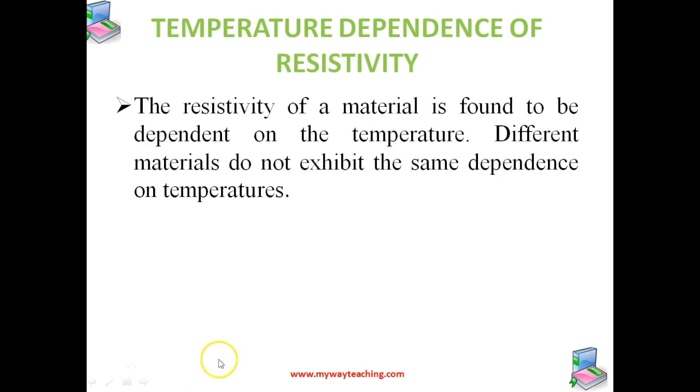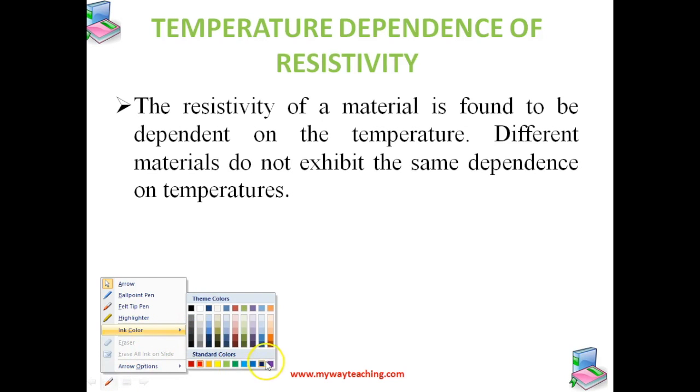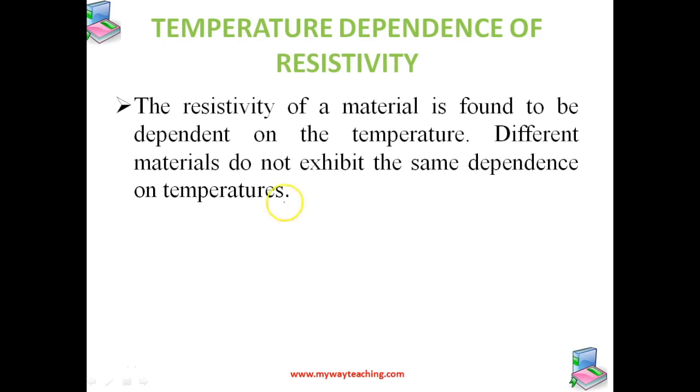So in this part we are going to study the temperature dependence of resistivity. The resistivity of a material is found to be dependent on the temperature. So temperature and resistivity are interdependent.